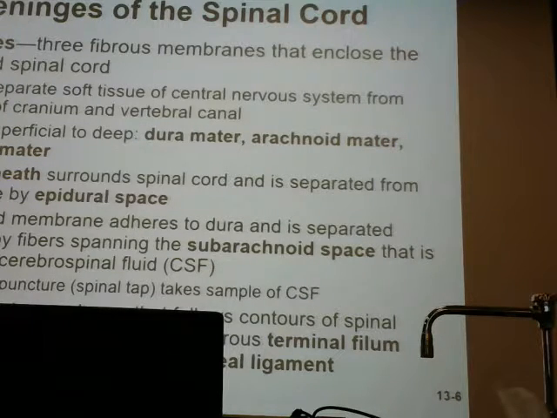The meninges. We mostly hear about them because of meningitis.